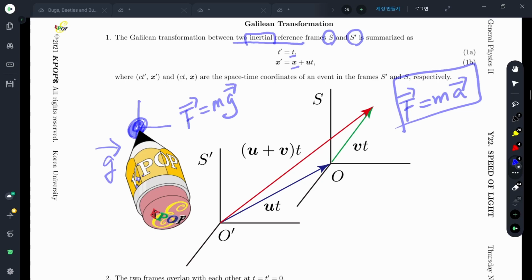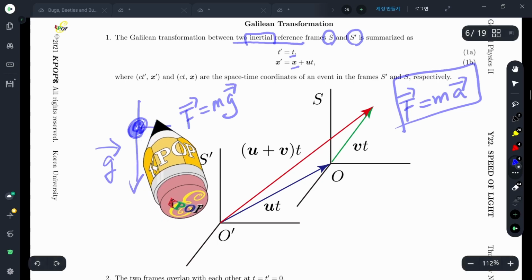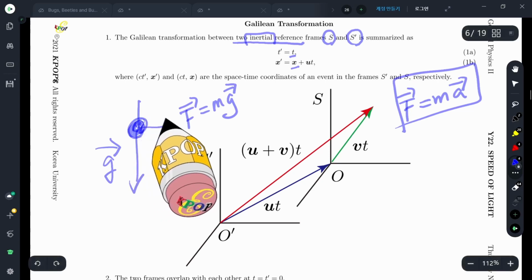The law should be modified. So that's the reason why we stick to the inertial reference frame. The transformation of the space-time coordinates between any two inertial reference frames is called Galilean transformation.